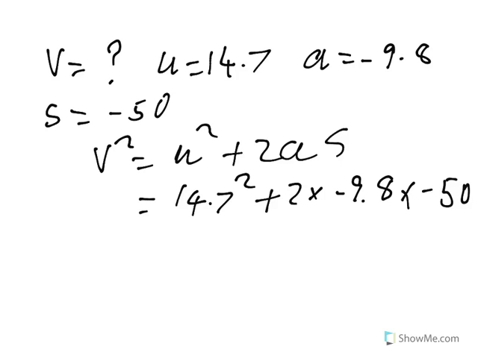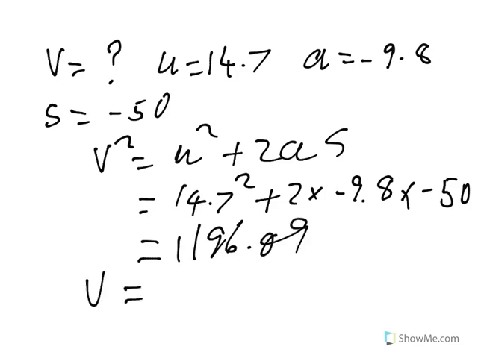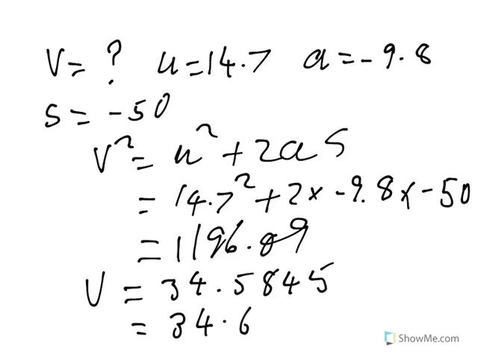Negative 50. Then you figure that out, and that's 1196.09, and then square root that, and you get 34.5845. Correct to the nearest tenth, 34.6 metres per second.